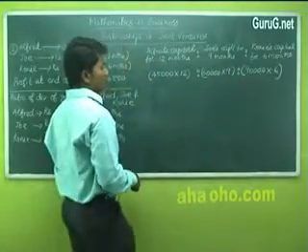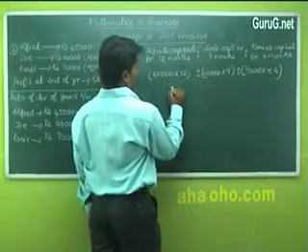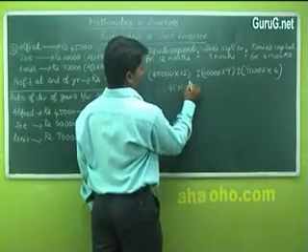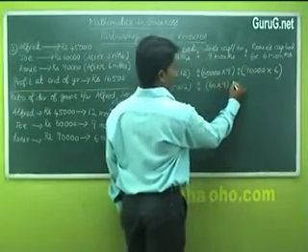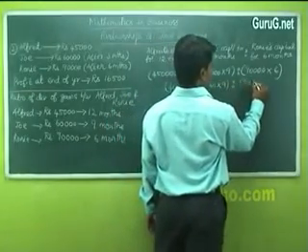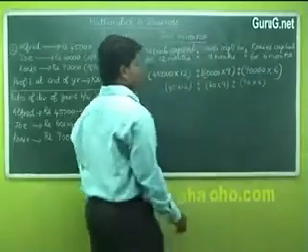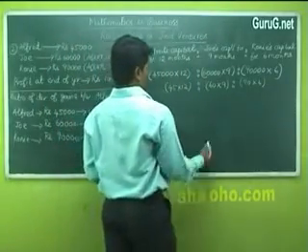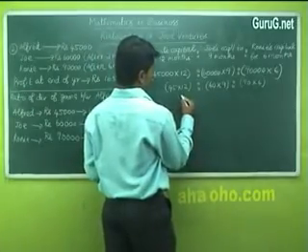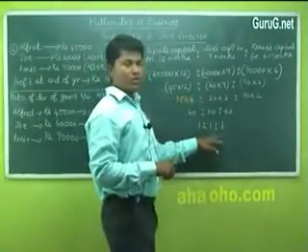So shall we simplify it? So 45 into 12, 60 into 9, 90 into 6, isn't it? On simplifying you will get 1 is to 1 is to 1.